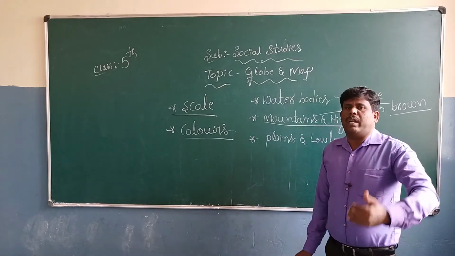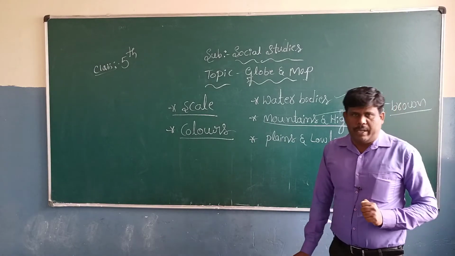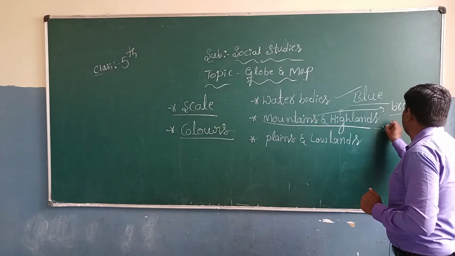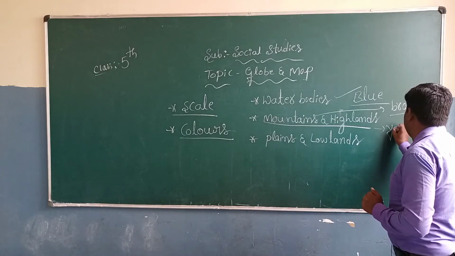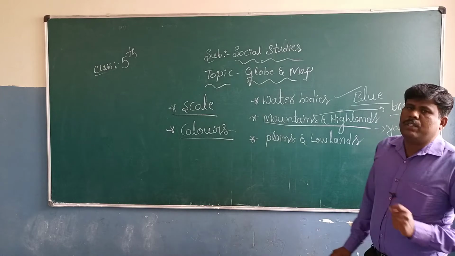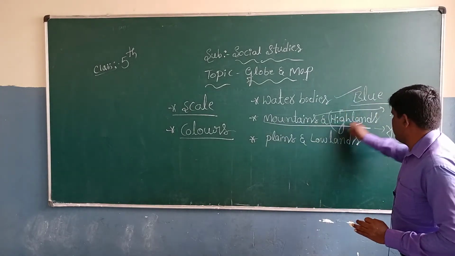Light brown color is used to show the lowest mountain area. And yellow color is used to show the highlands.